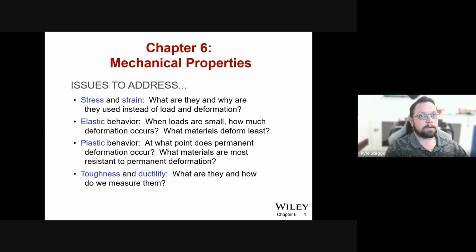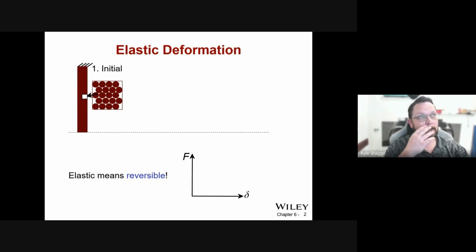What materials are most resistant to permanent deformation, and then toughness and ductility. What are they and how do we measure them? This is a lot of stuff all in one chapter. I'm going to attempt to make sure as we go through this to explain how all of this works and bring in some real examples.